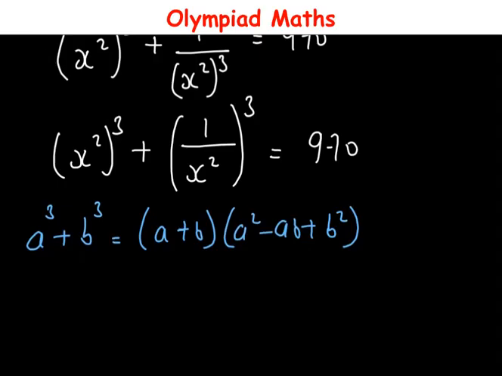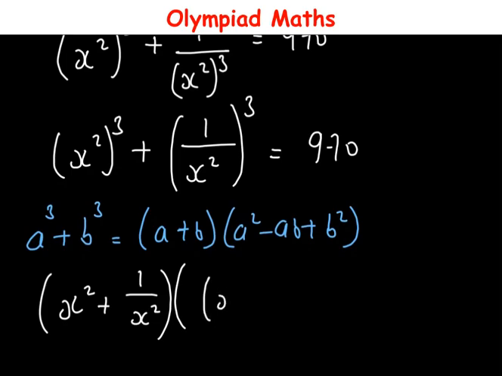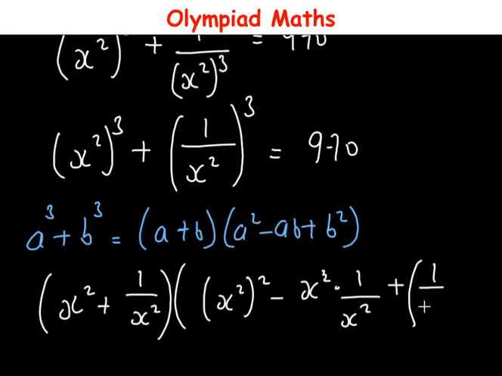So this equation then becomes in bracket x squared plus 1 over x squared multiplied by in bracket (x squared) all raised to the power 2 minus x squared times 1 over x squared, then plus in bracket (1 over x squared) all raised to the power 2, and this equals 970.